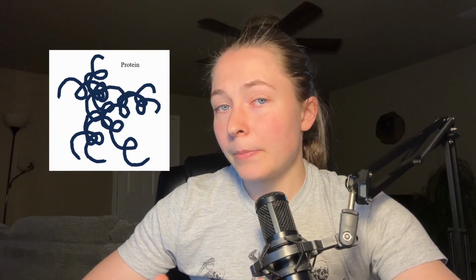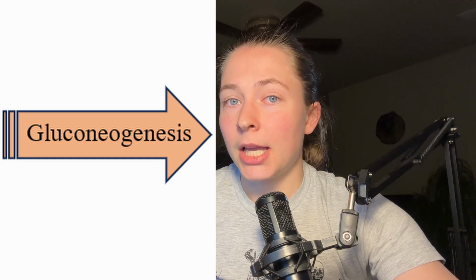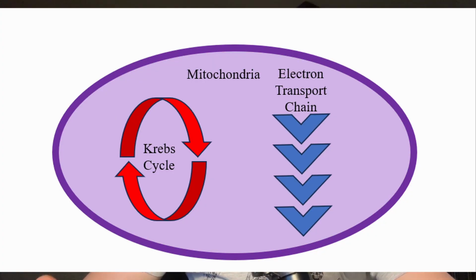Lastly, and most rare, and it really only happens when blood sugars are depleted, is protein oxidation. Some amino acids, which are the building blocks of protein, can go through a process called gluconeogenesis and be turned into glucose and other byproducts that can then go into the Krebs cycle and the electron transport chain for oxidation.